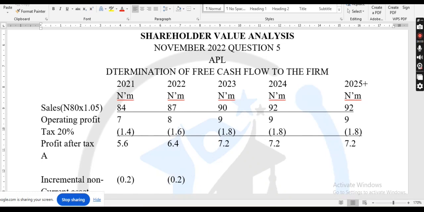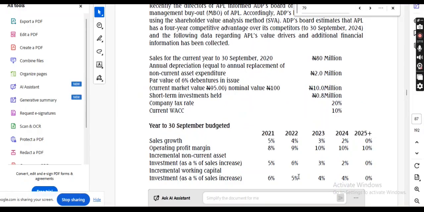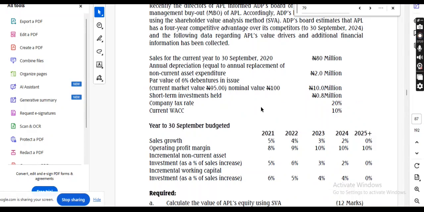We add back non-cash items, which is depreciation. Don't forget, our depreciation is equal to the annual replacement of non-current assets.